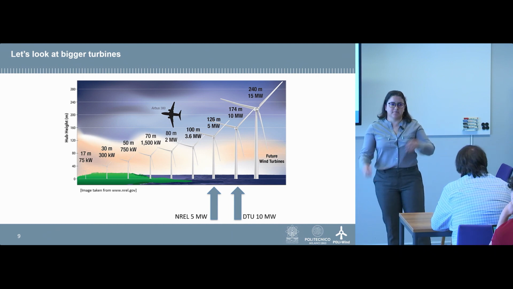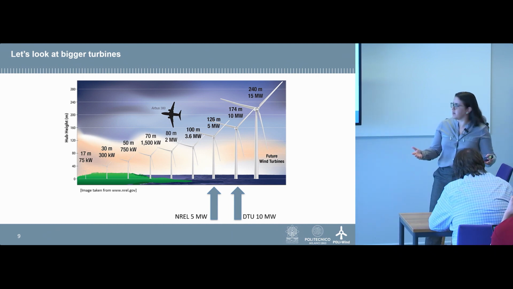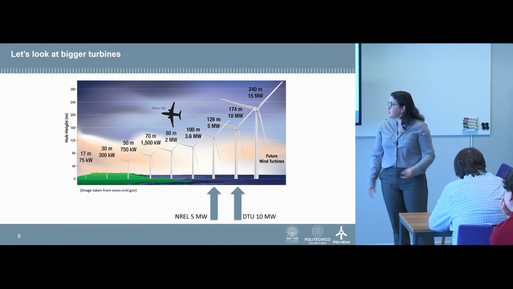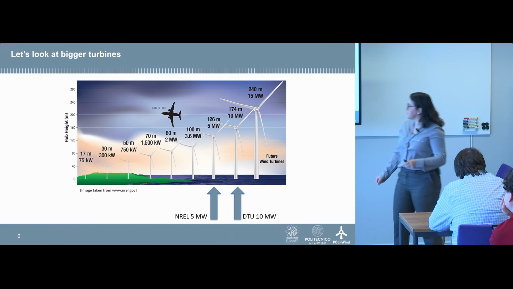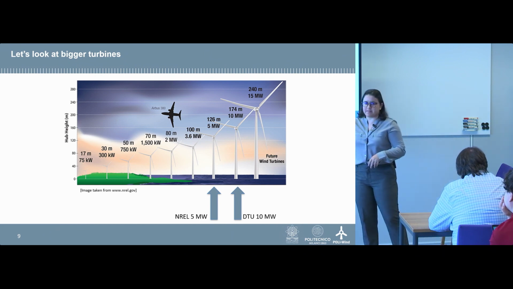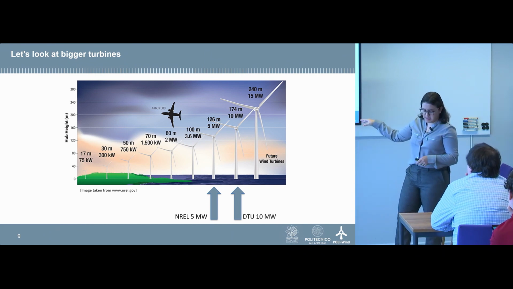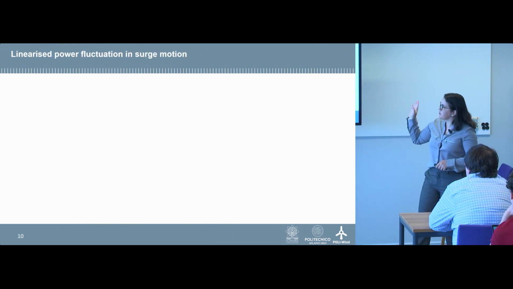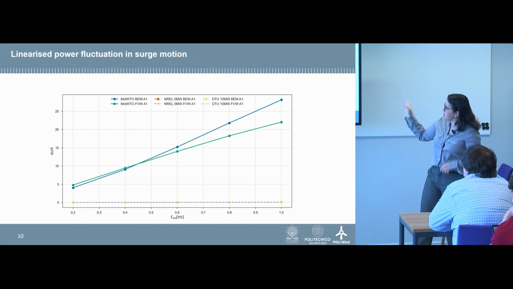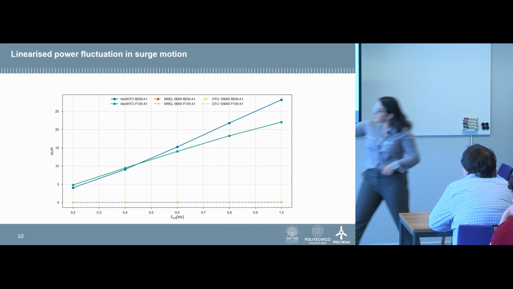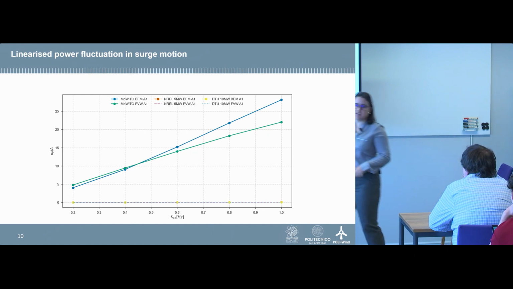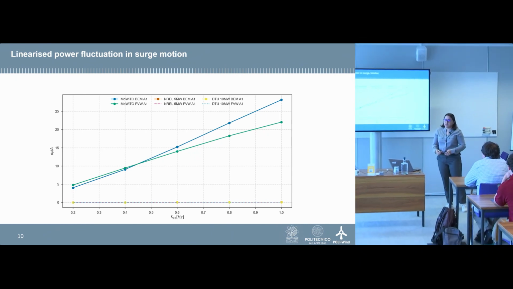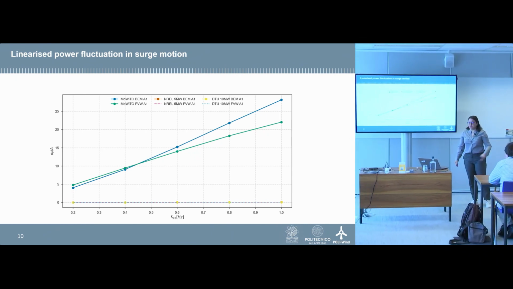And okay, MOITO is small, what if we look at big turbines? Do we see the same kind of behavior? I've chosen for now two turbines: the NREL 5 megawatt and the DTU 10 megawatt. We see a linearized fluctuation in surge motion. By that, I mean the fluctuation is linearized by the reduced amplitude so that we can compare different amplitudes in the future.